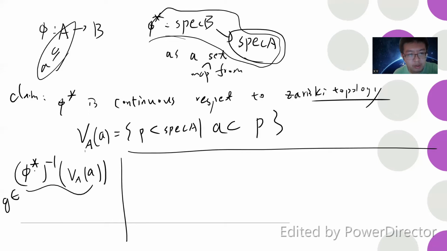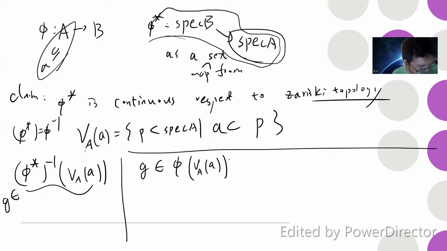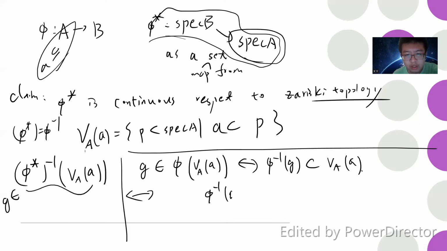But phi star is just phi inverse, so this tells you that Q belongs to the preimage, which means phi inverse of Q belongs to V(A). Then an element belongs to V(A) if and only if phi inverse of Q contains A. But this tells you that Q contains phi of A.